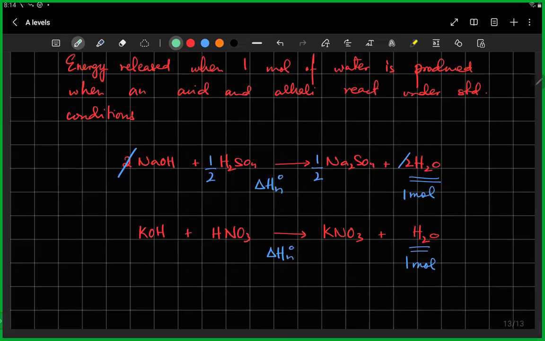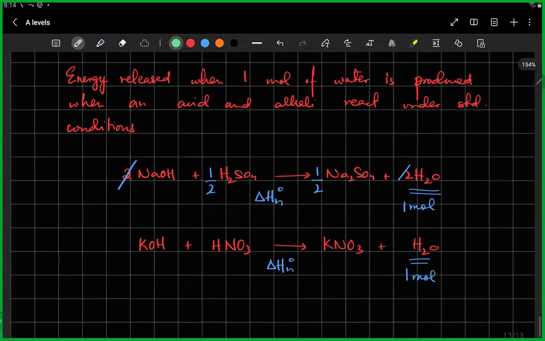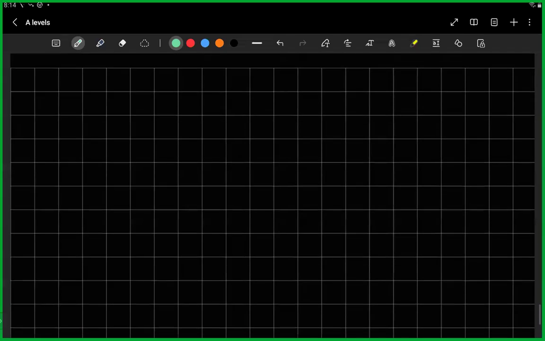Now, the other important thing is delta HN always has the same value, no matter what the acid, what the base is.